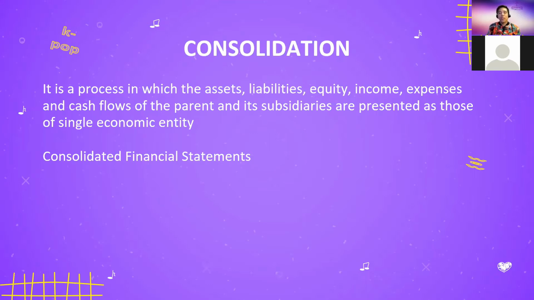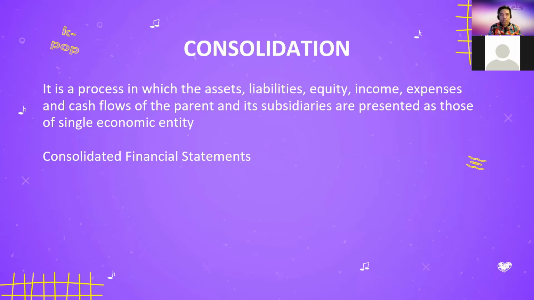When we say consolidated financial statements, basically these are all the financial statements of the parent combined with its subsidiaries. In real life scenarios, the parent will prepare its own financial statements, the same with all of its subsidiaries. So they have separate financial statements.